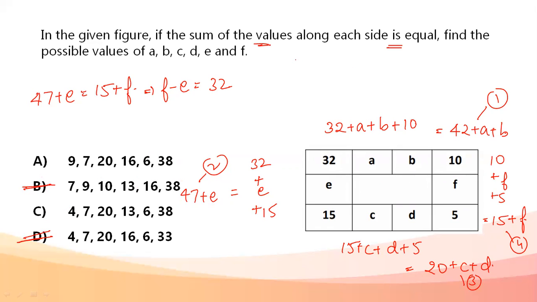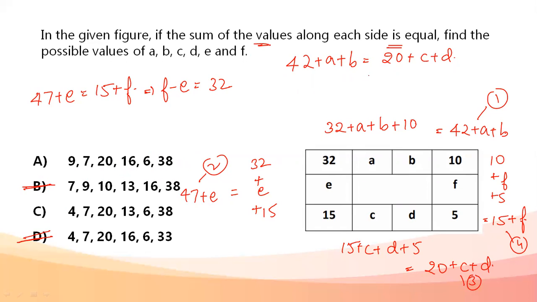Next thing we can go for 42 plus A plus B is equal to 20 plus C plus D. Okay. Now, after this, we can always go for the options. It is clear that it is going to be either 6 or 38 for E and F. Putting the values from the options for A, B, C, and D, we can have the answer.